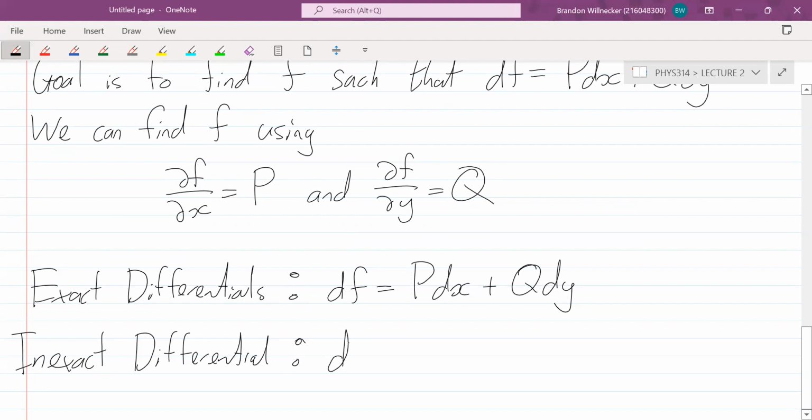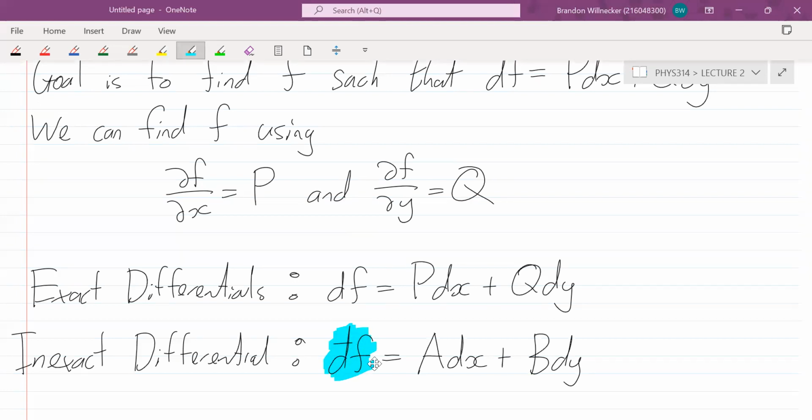It's d with a line going through. So that's, let's say, a dx plus b dy. It's like your h bar from quantum mechanics, but just with the d there. We use that notation for inexact, because if I just give you P and Q, you have to do the calculations to check if it's exact or not. This way you can see just at a glance what you're working with.